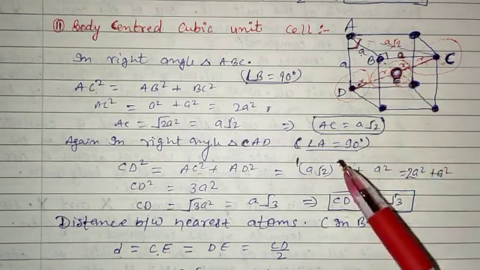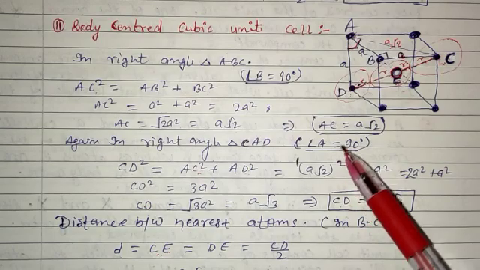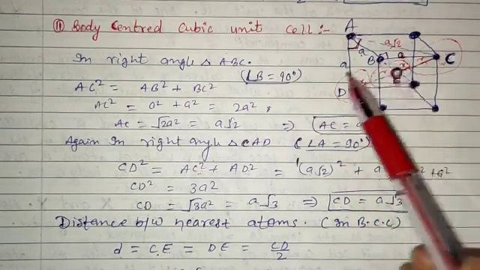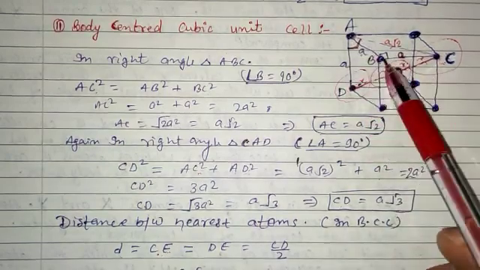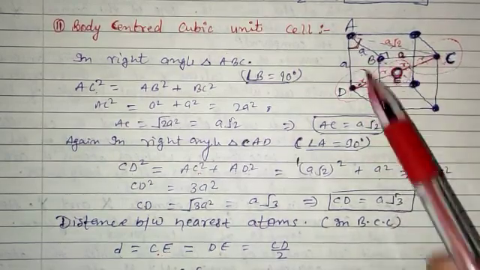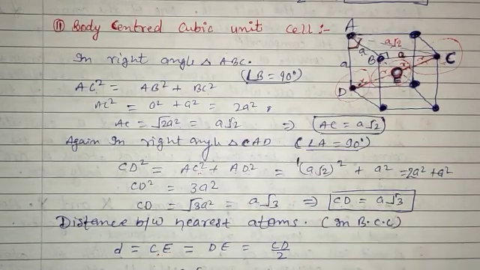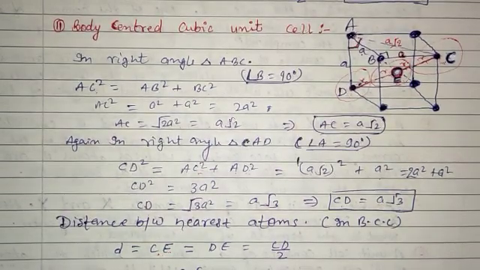Okay dear students, here you can see each edge length is equal to a, means same edge length, and each edge is perpendicular to the others.